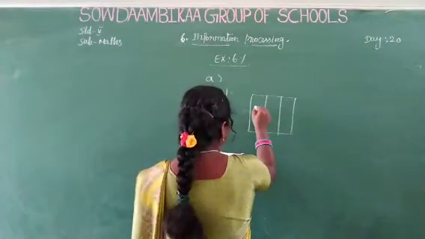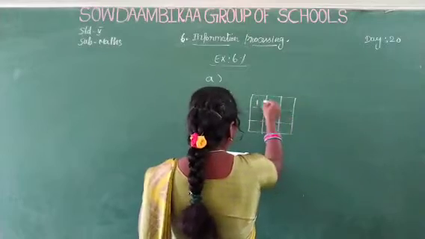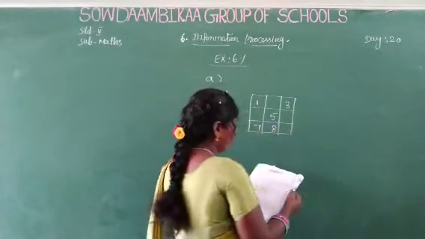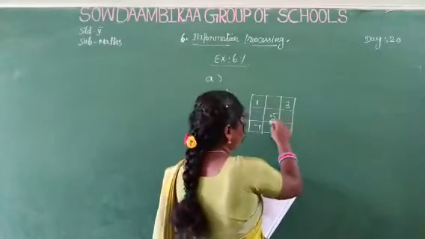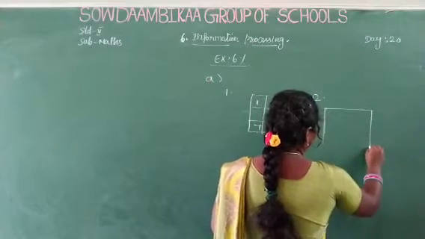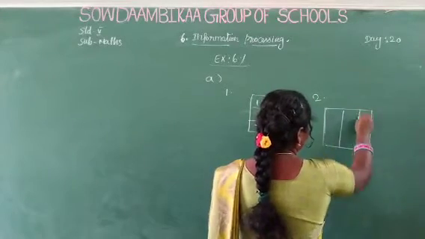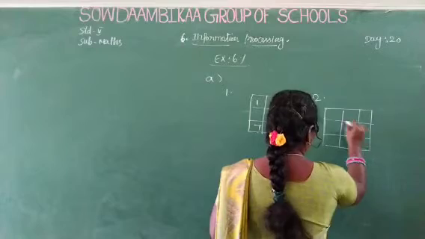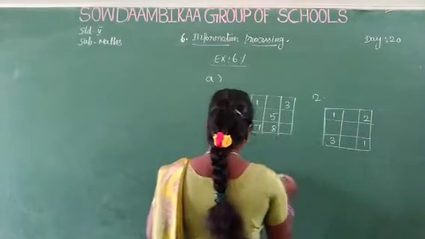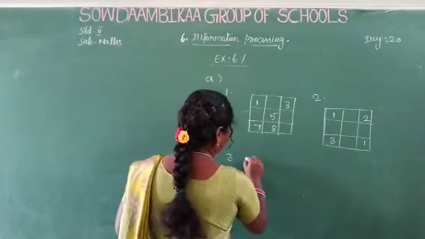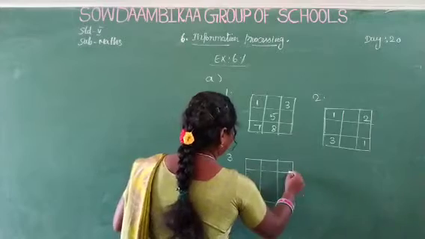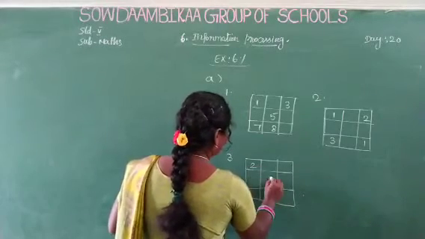Follow me. 1, 3, 5, 7, 8. Fill the gap. Second one. 1, 2, 3, 1. 2, 2, 2.